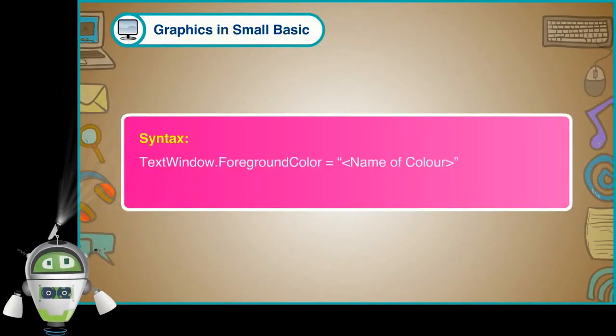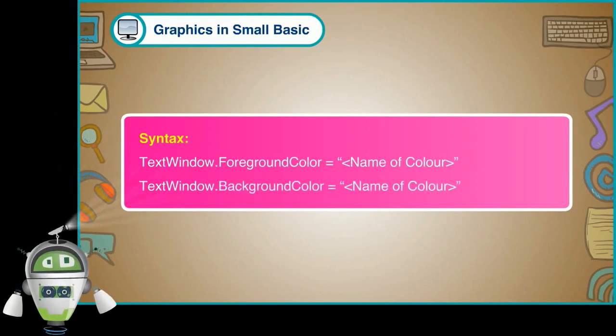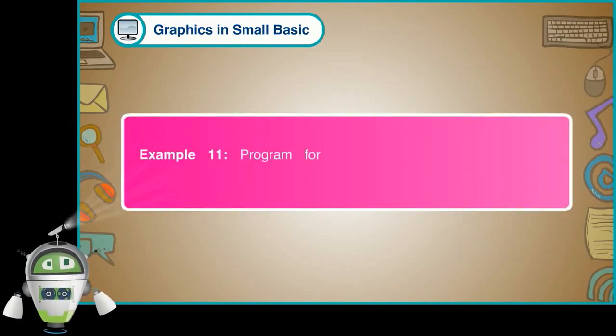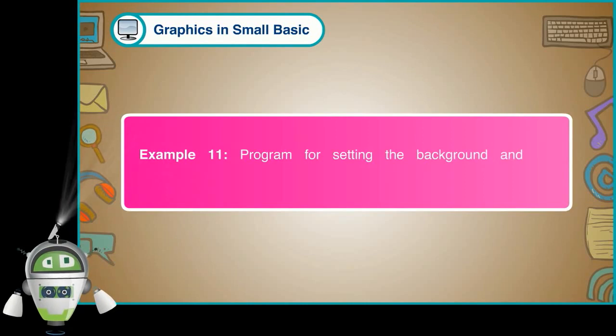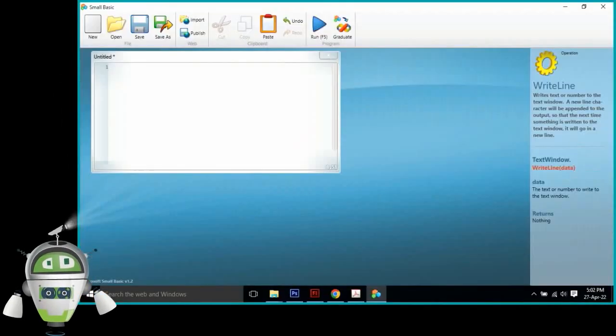Syntax: TextWindow.ForegroundColor = name of color in double quotes. TextWindow.BackgroundColor = name of color in double quotes. Example 11. Program for setting the background and the foreground colors. TextWindow.ForegroundColor = "red" in double quotes.